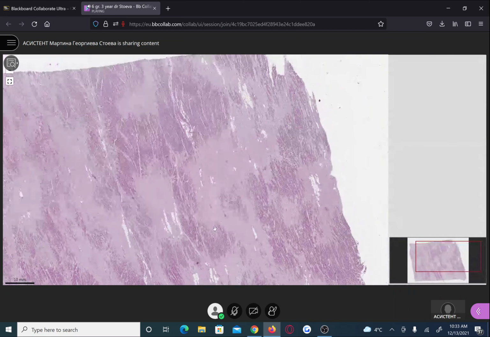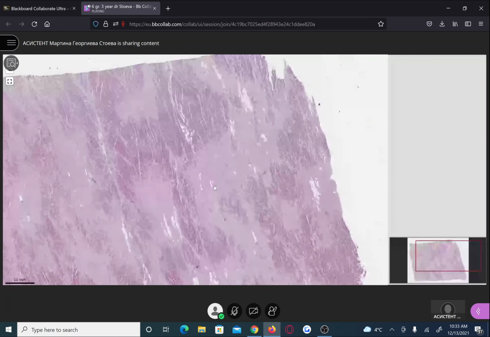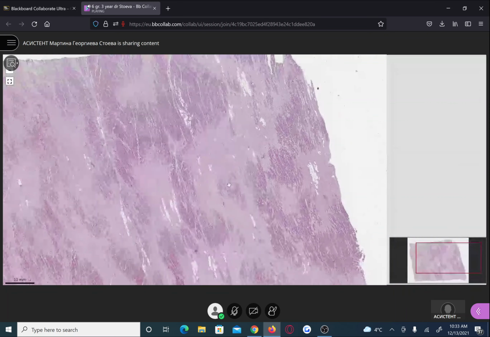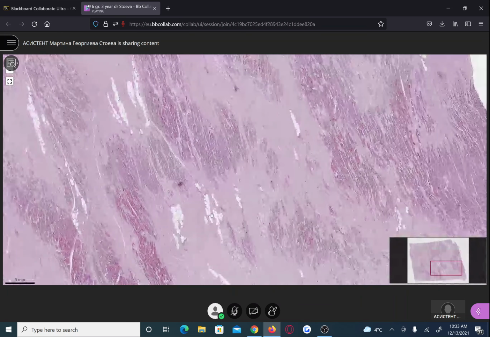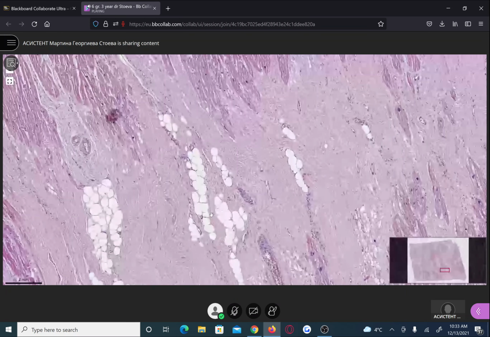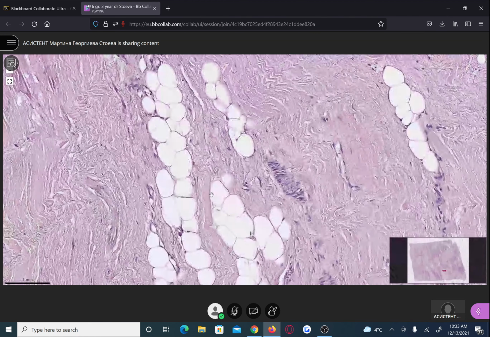Another thing that is visible on the slide is the foci of matured fat tissue dispersed here and there in the connective tissue, the whitish spaces. These are the zones with adipocytes, with fat tissue. But don't discuss this finding unless you are asked. But I think you will be asked, because in third year you studied these pathological changes.